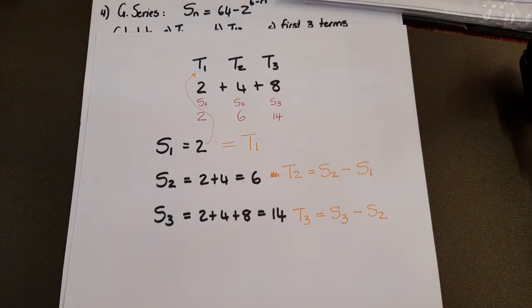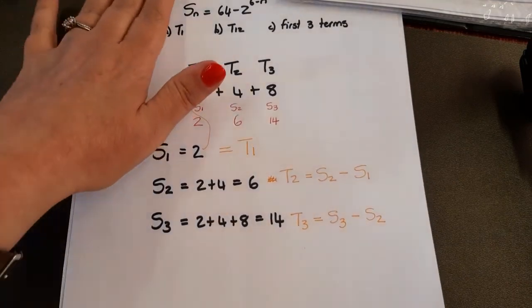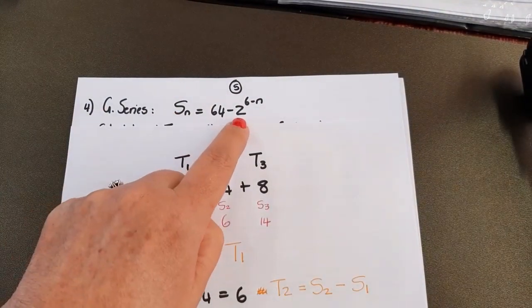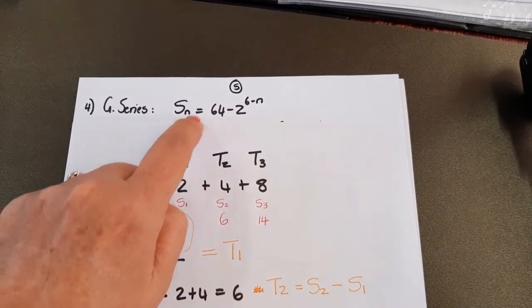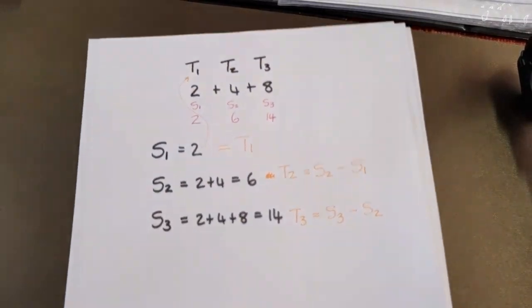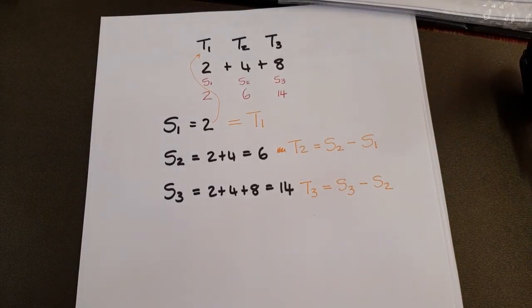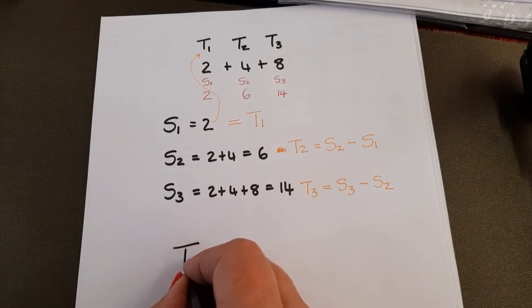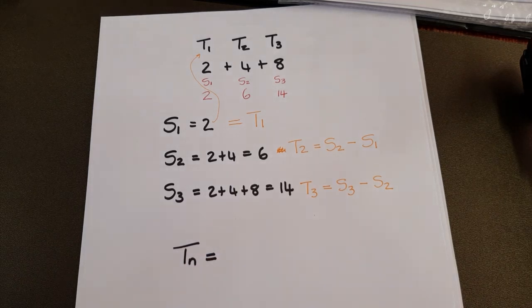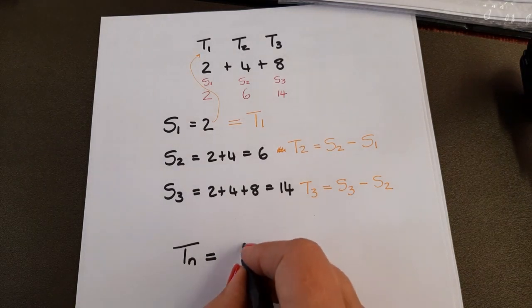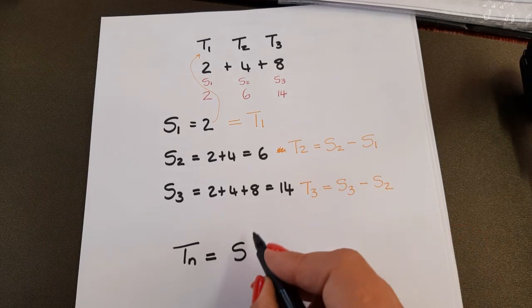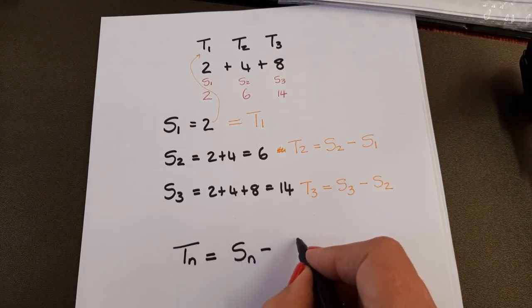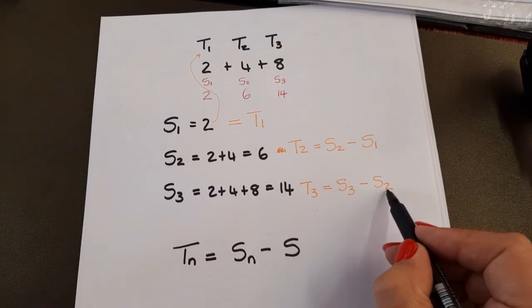And this is a very important trick or technique to work out questions where they give you a geometrical series sum formula. Okay, so let's just generalize this one. Therefore, if you want term n, and you only have the sum of all the terms, it will be equal to Sn minus the sum of the previous one.